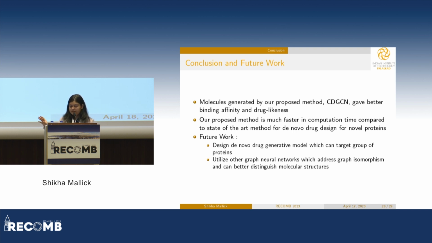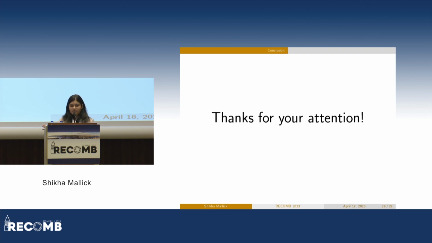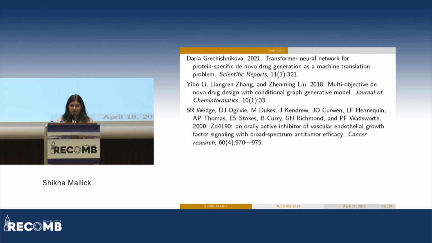Our proposed method is also much faster in computation time compared to the state-of-the-art for novel drug generation for novel proteins. As part of future work, we aim to design a de novo drug generative model which can target a group of proteins, so that we can generate novel drugs which target a group of proteins rather than a single protein.